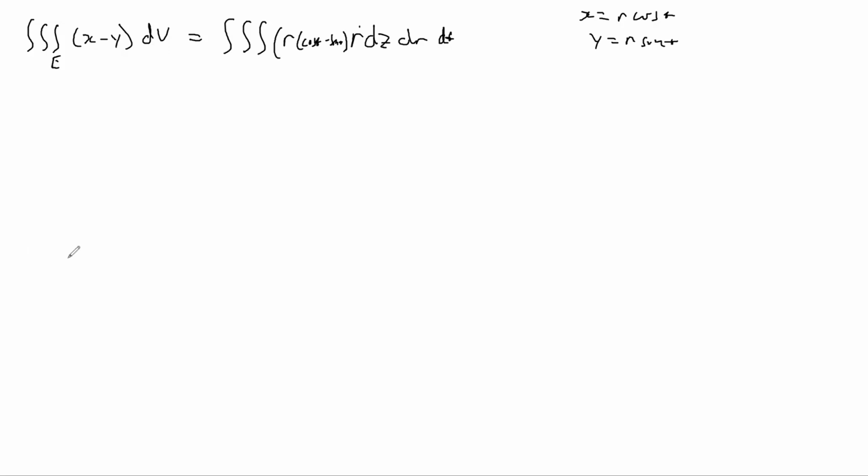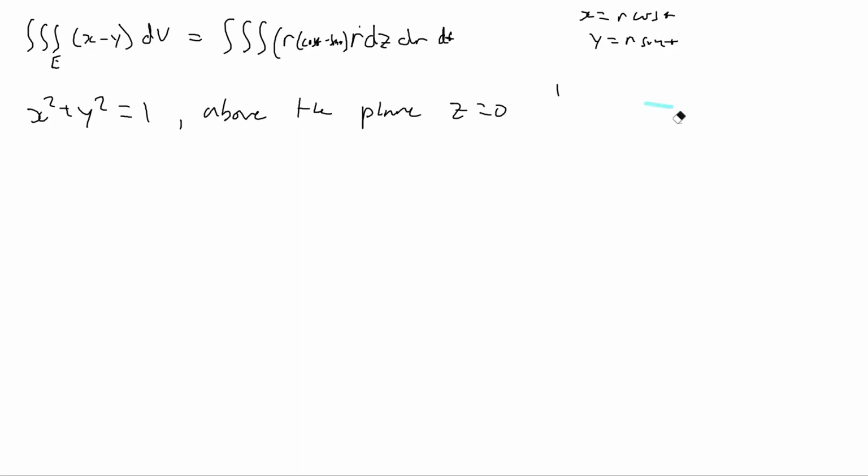Okay, so E is the solid that lies between the cylinders x squared plus y squared is equal to 1, and it's above the plane of z is equal to 0, and finally it's below the cone, below z squared, or sorry. Oh, okay, I copied that down wrong.